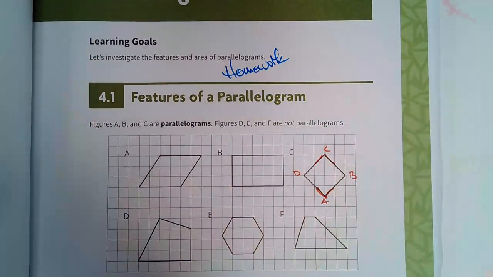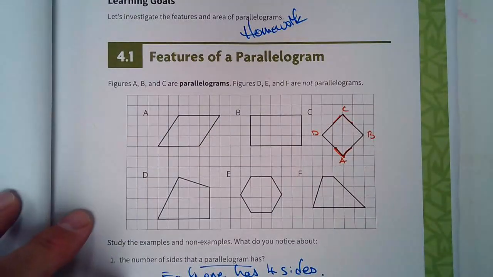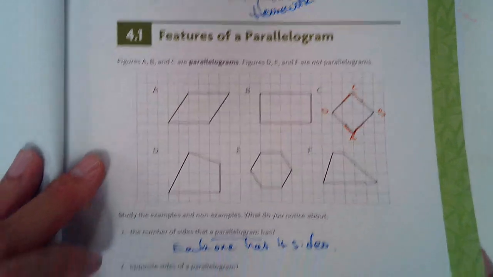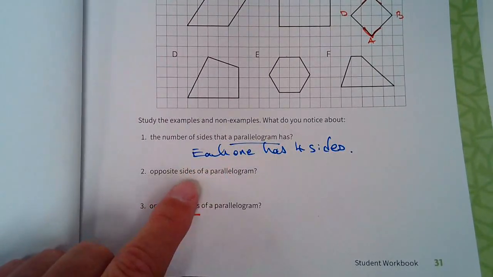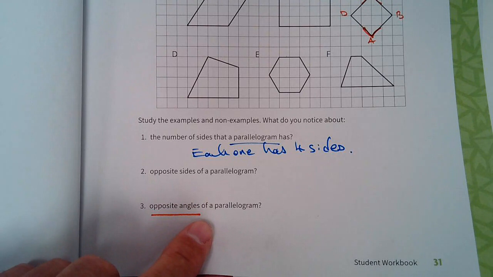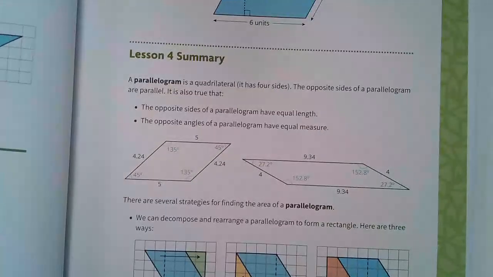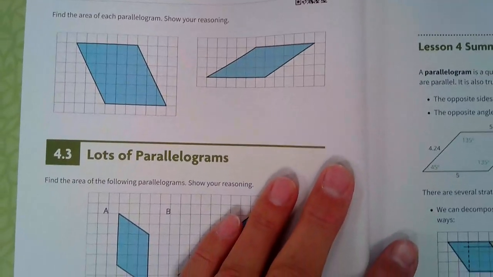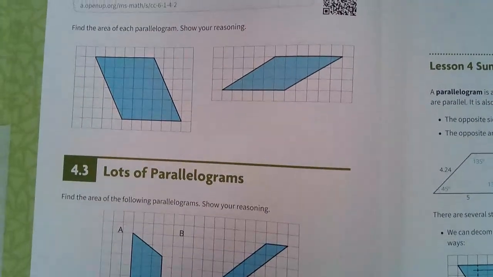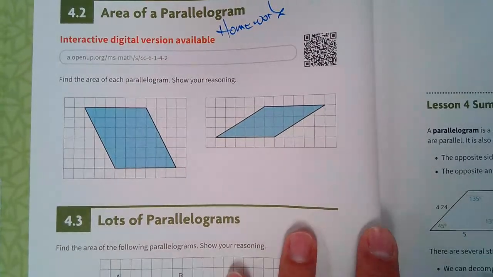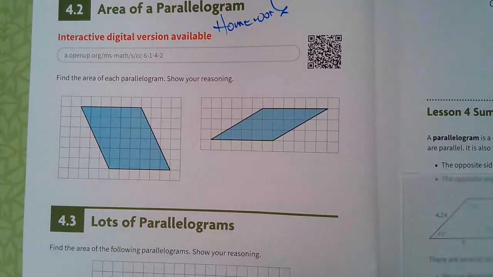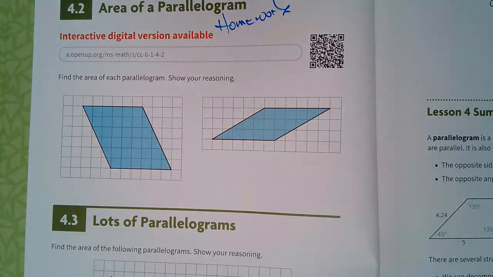Angle C. And so they're asking you, what could you tell me about opposite angles? So opposite sides of a parallelogram, and opposite angles, all right? And again, I'm going to give you guys a handout for that page that I will collect on Monday, because it'll be homework.